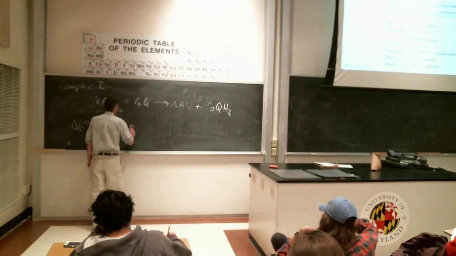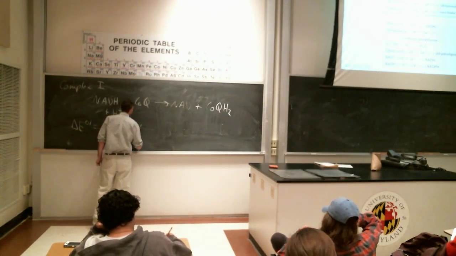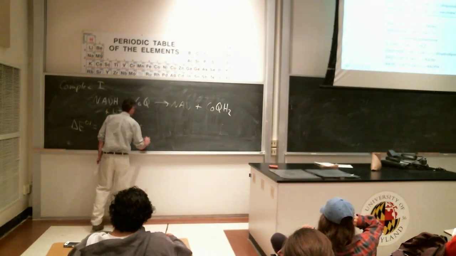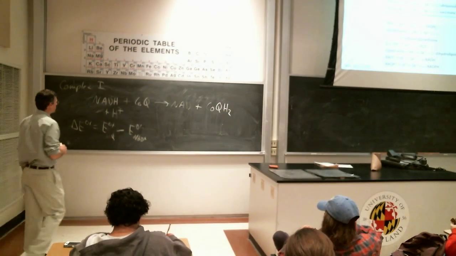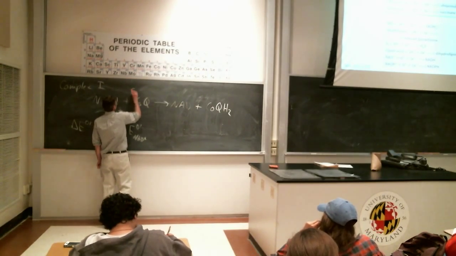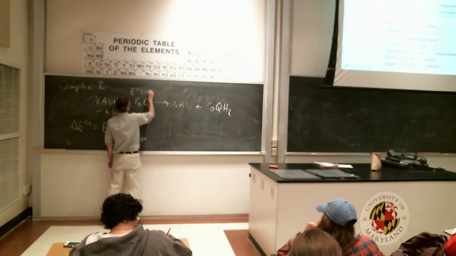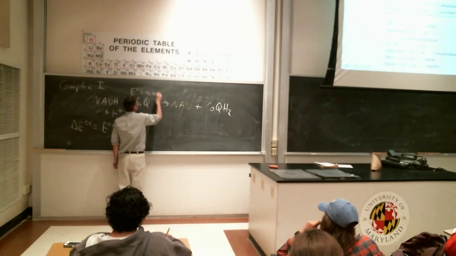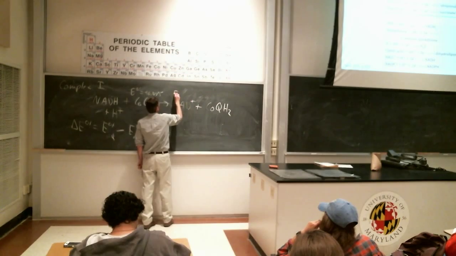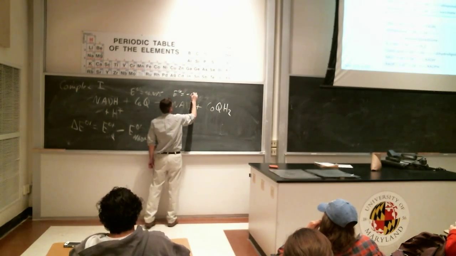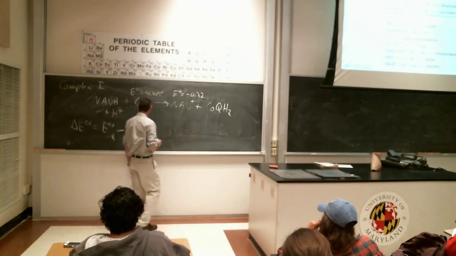We'll subtract from that the reduction potential of NAD+, because NAD+ is the one that we're going to turn around. E0 prime for coenzyme Q is plus 0.045, and for NAD+, E0 prime is minus 0.32.